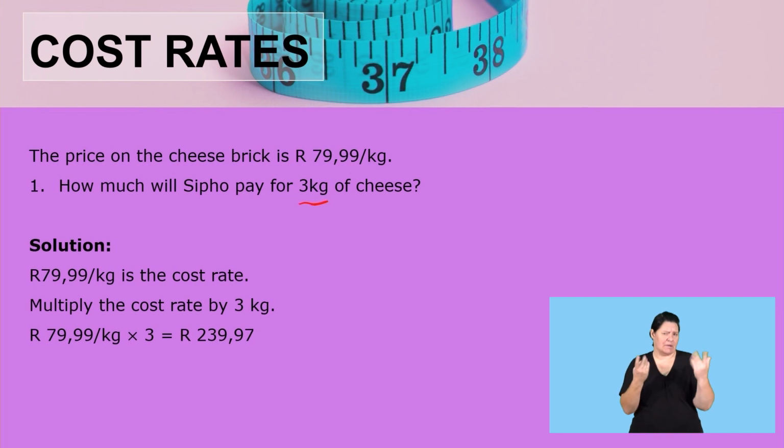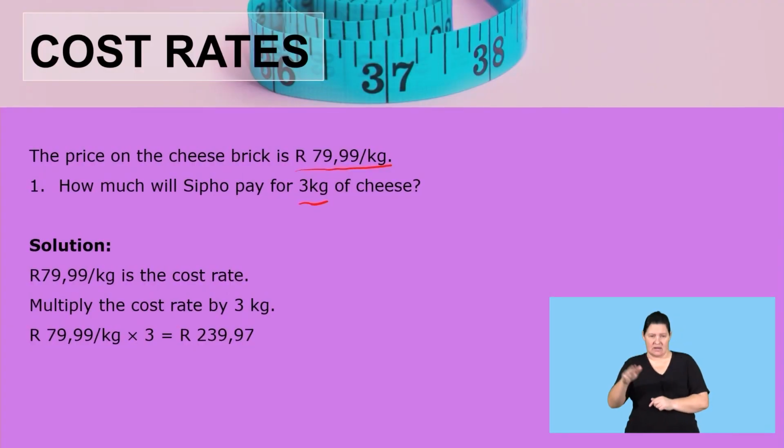Remember when you buy a brick of cheese, you might find that it is just written 79.99. It does not mean that the brick that you are taking costs 79.99. If it's written 79.99 per kilogram, it means that the price will be multiplied according to the kilograms, according to the weight of that particular cheese.